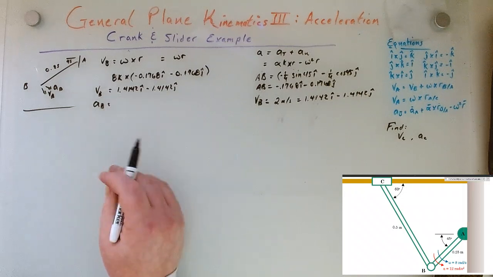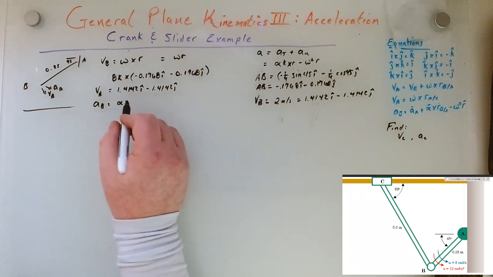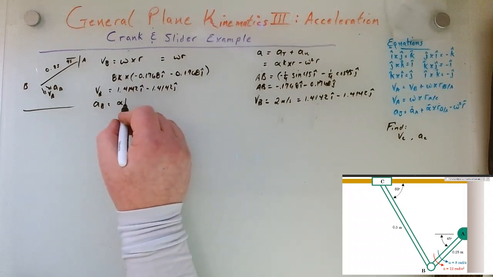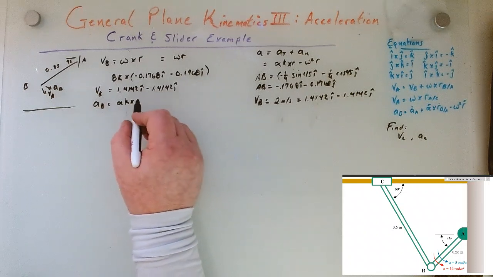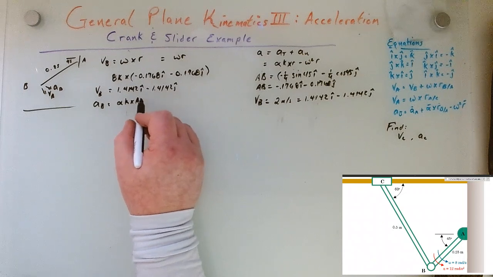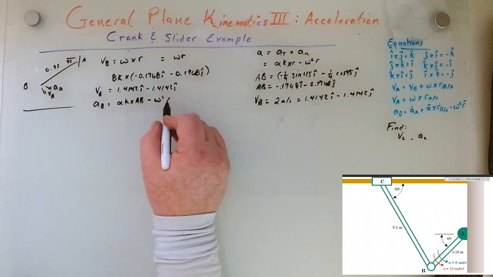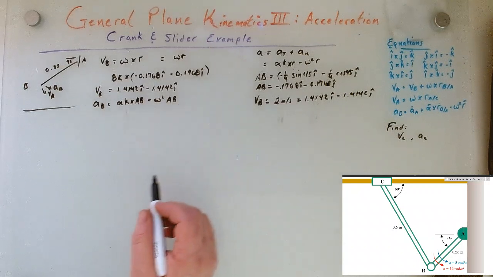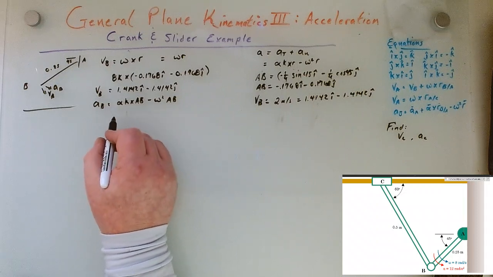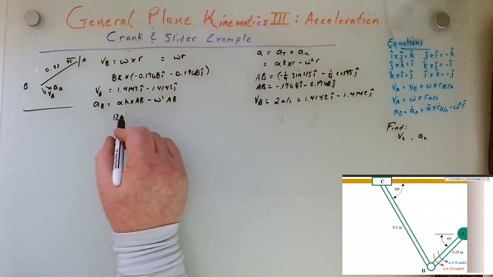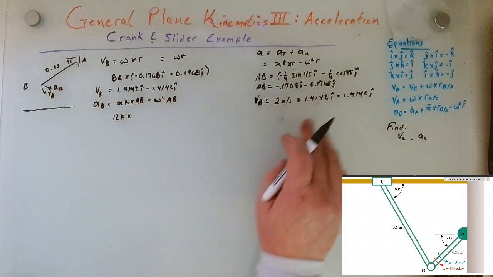A sub b is alpha, and that's in the k direction, cross r, which is AB, minus omega squared AB. Alpha we're given as 12, so 12 k crossed with this.